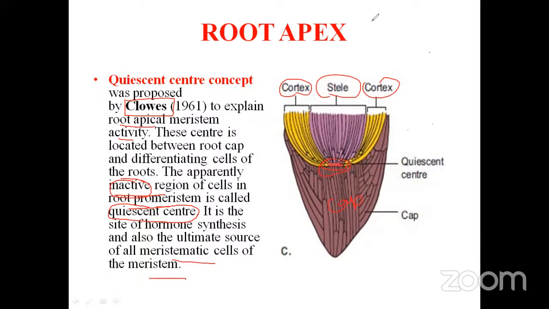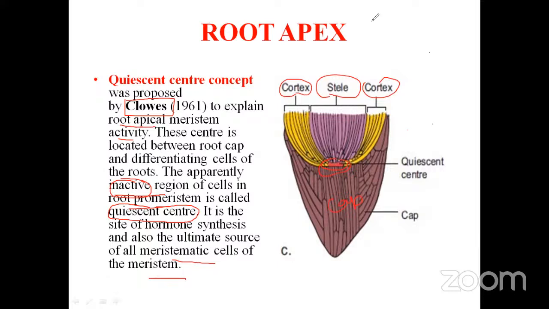These cells divide very rarely. The quiescent center is found in a large number of plants. It was mainly studied by B.D. Deshpande in Amaryllidaceae.